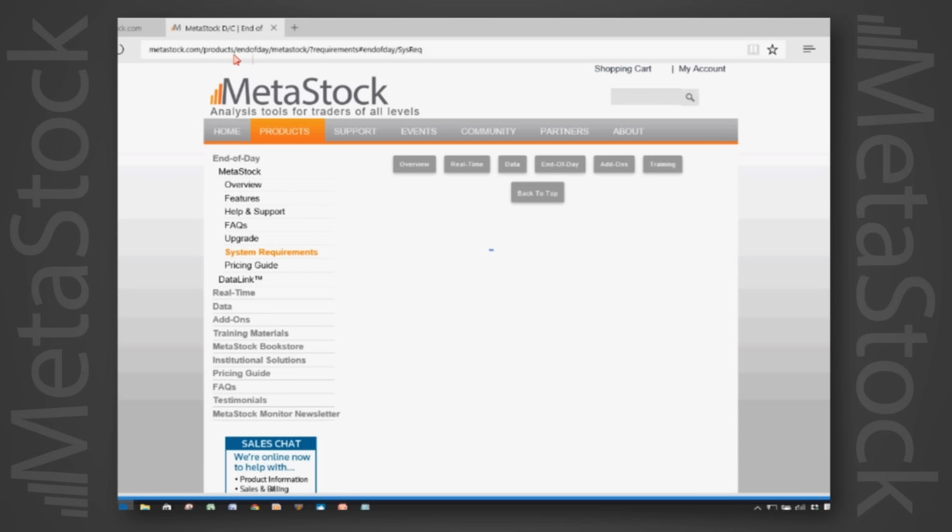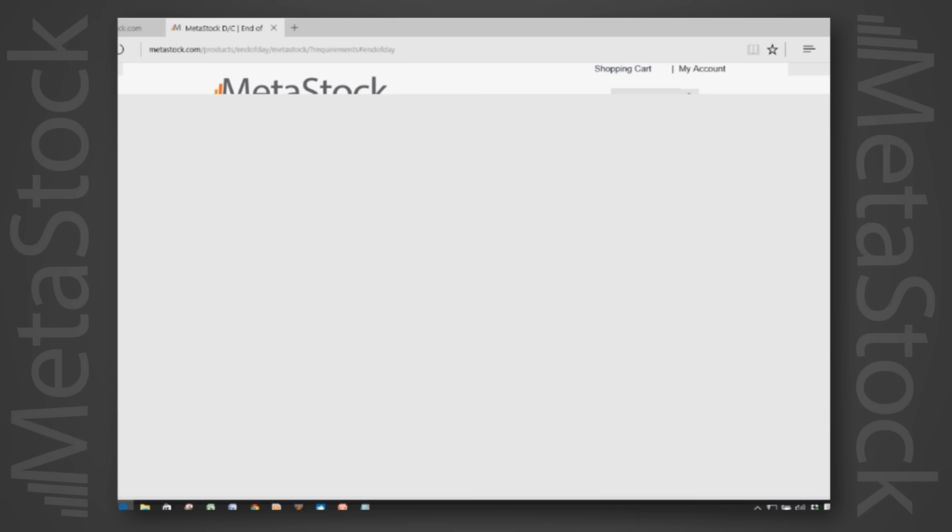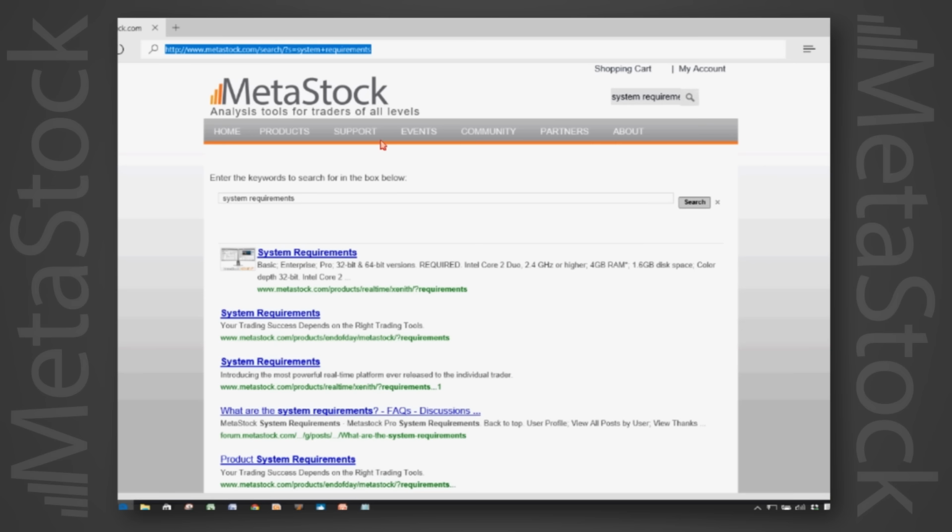But in terms of support for MetaStock, what I would recommend, I just opened up my browser here. If you're new to MetaStock, a really good resource, especially if you want to learn how to scan real quick or how to work with charts, is video. It's not really that complicated, but having a little video available to show me how to do it, and then I can do it on my own, is really helpful.